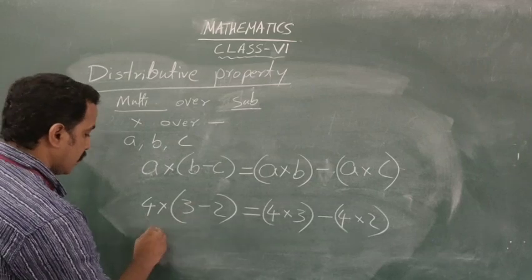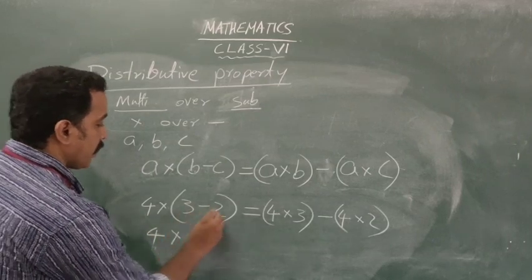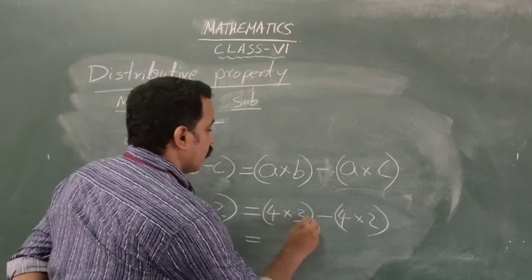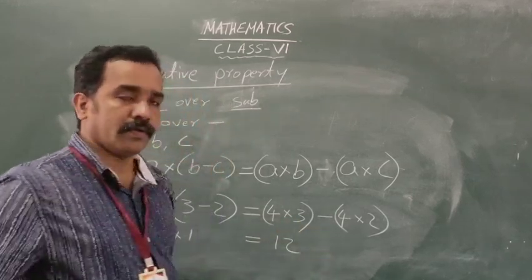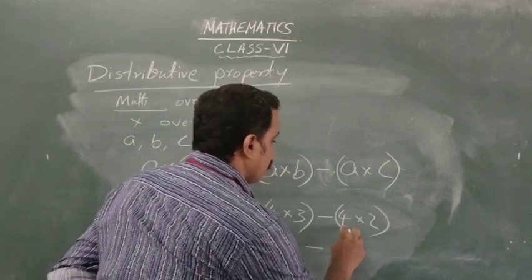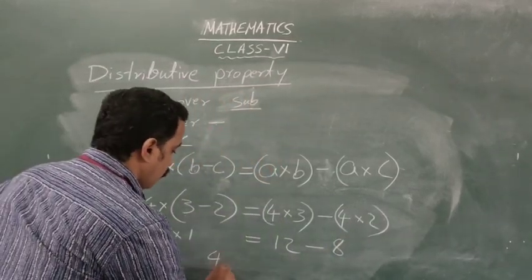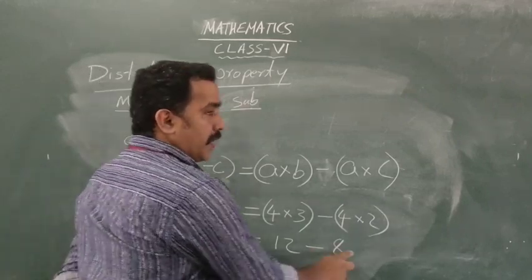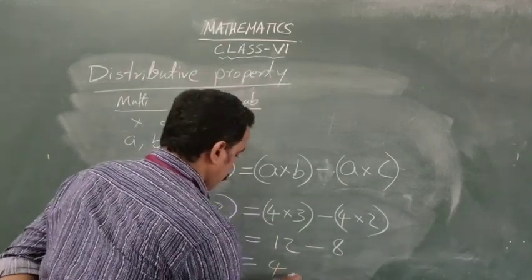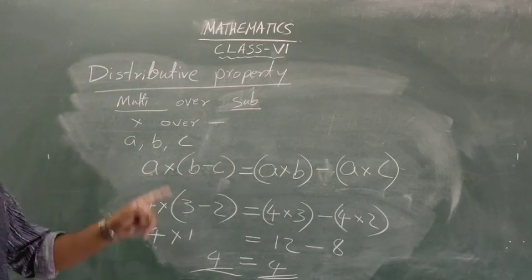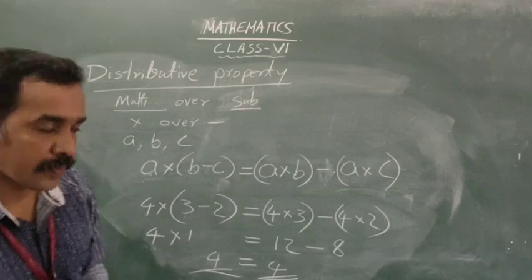So here let us check. 4 into 3 minus 2 is 1. 4 into 1, 4. Here 4 3s are 12 and minus 4 2s are 8. 12 minus 8, 4. So there exists distributive property of multiplication over subtraction too.